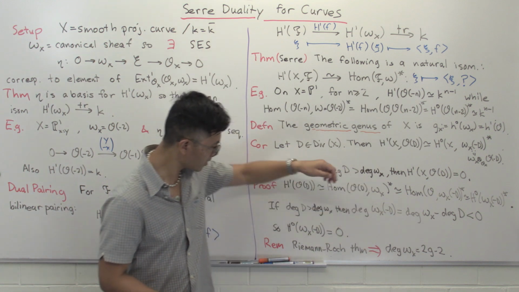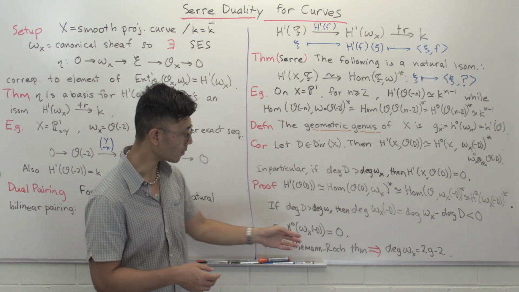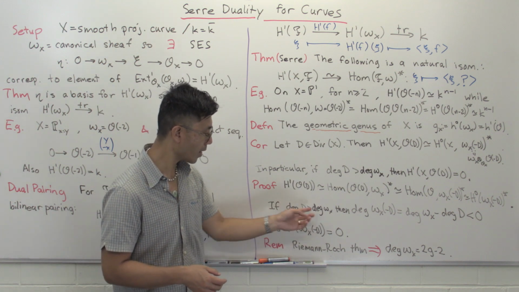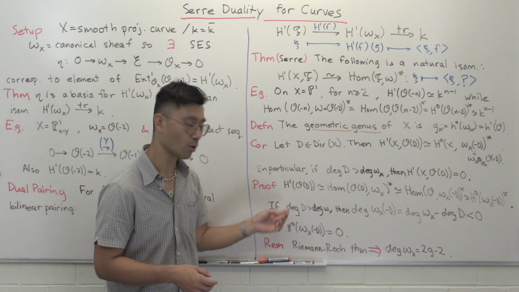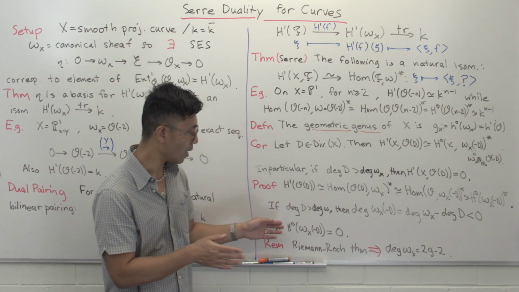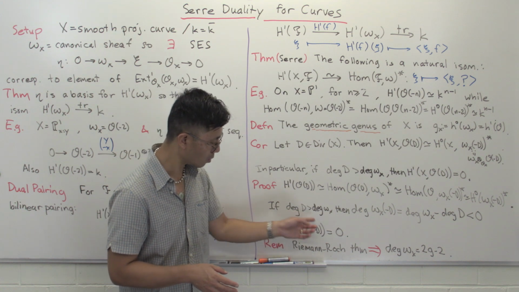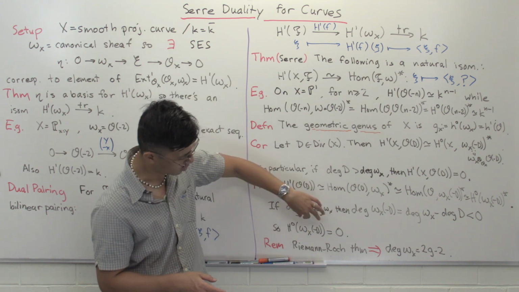And of course, the elements inside H0 of this invertible sheaf, or the one-dimensional subspaces inside it, correspond to effective divisors which are linearly equivalent to the divisor that gives this.